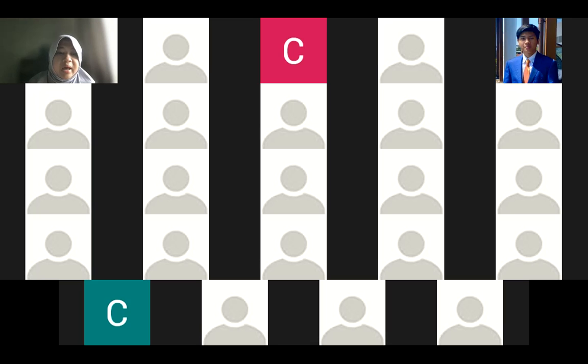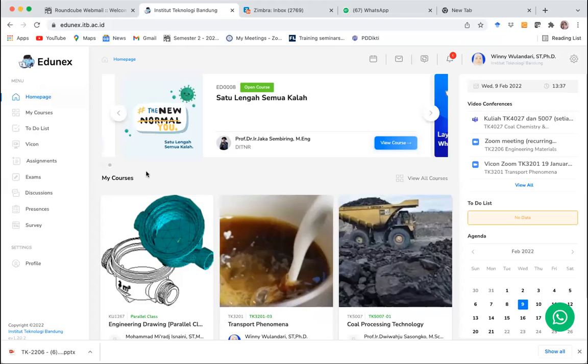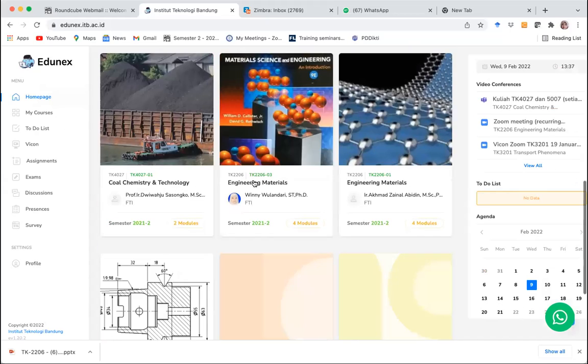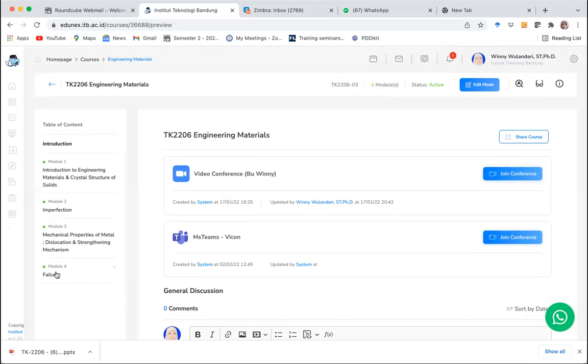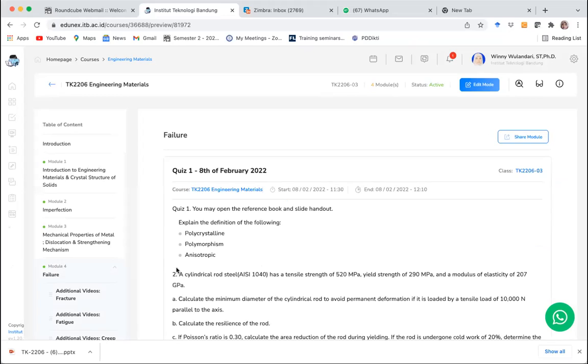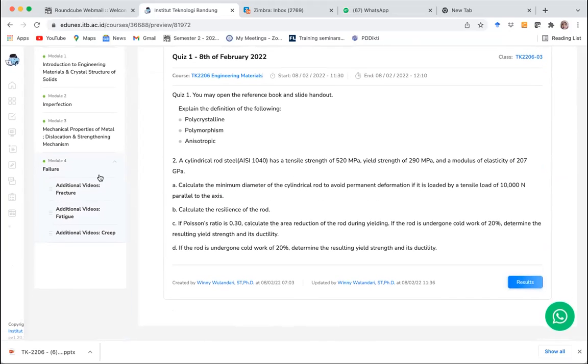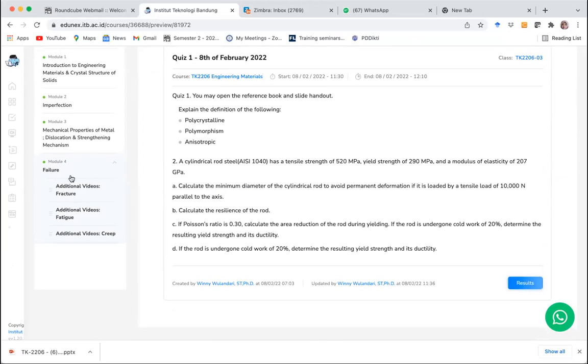So I think the best way for you to learn is to go to your EduNext, open your engineering materials, and then go to failure mode. In this submodule you can see there are some additional videos.